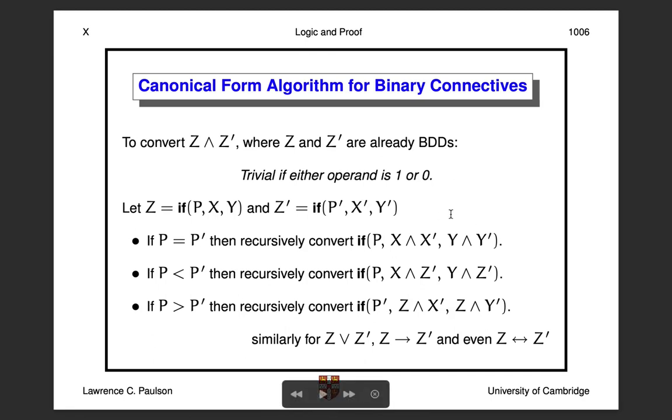And that is why, in the case where both top variables are equal to p, the result will be a test on p where the true case for p will link to a BDD obtained by recursively ANDing x and x prime. And in the false case, recursively ANDing y and y prime.